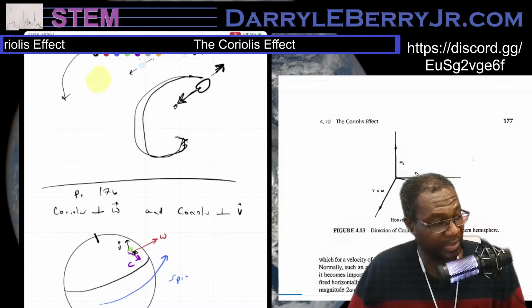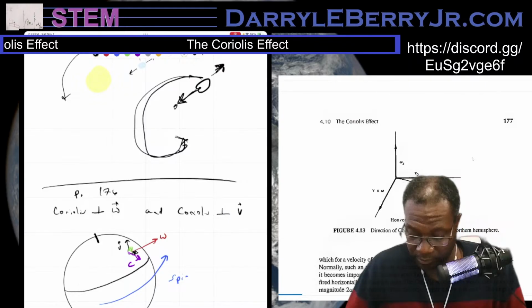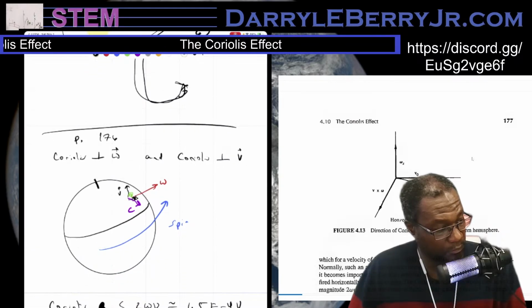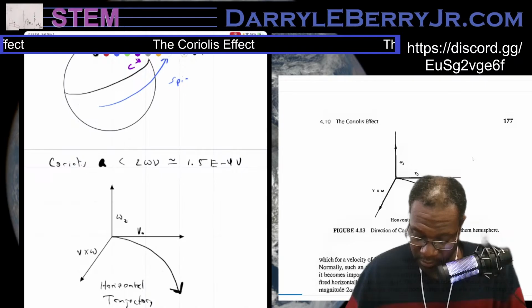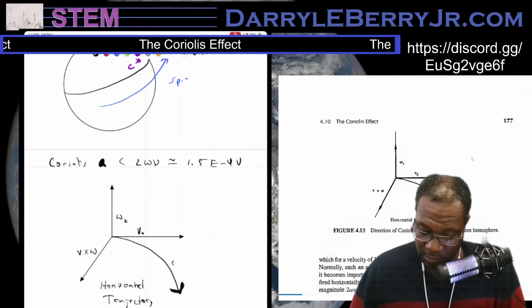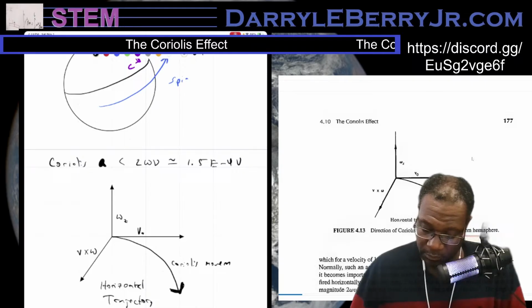It's perpendicular to omega and v, then it's v cross omega. And I have the right idea to combine the two. I'll just call this Coriolis movement.